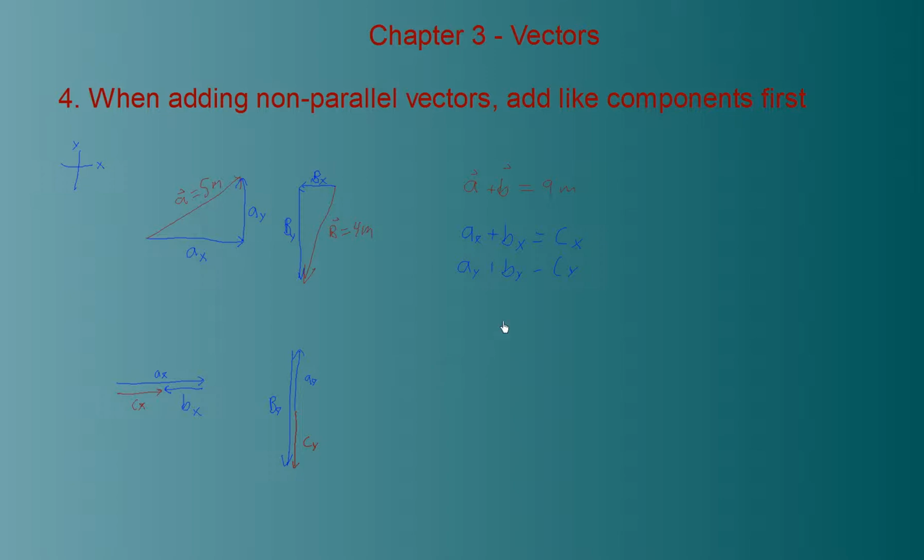And now to get C, first off, the length is CX squared plus CY squared. Where'd that come from? Well, we can make a new triangle. We got CX looks like that, and CY looks like that.